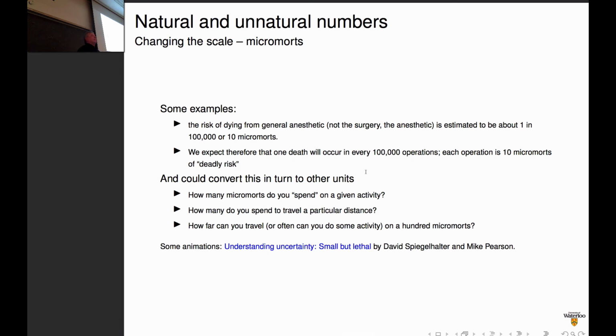Question? So there's a couple things you might be suggesting. One is that knowing it's only 6, I will behave in a more risky fashion as a result of that knowledge. That could be the case. The other thing is that your natural behavior may be very different from mine, so your micromort risk is different from mine.